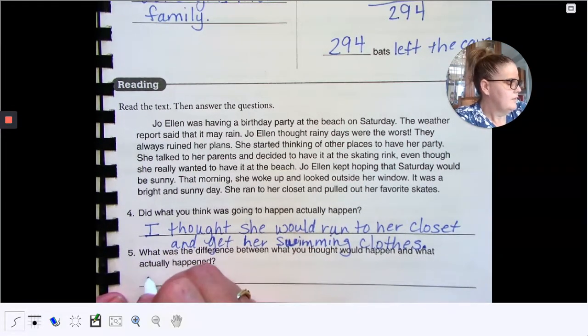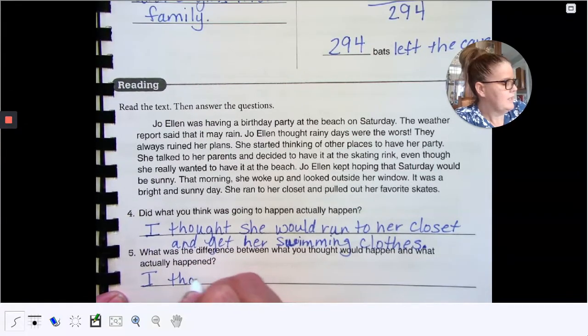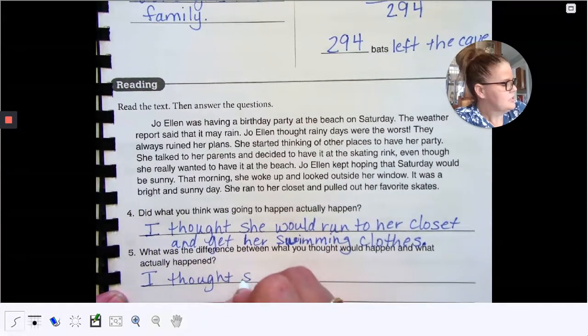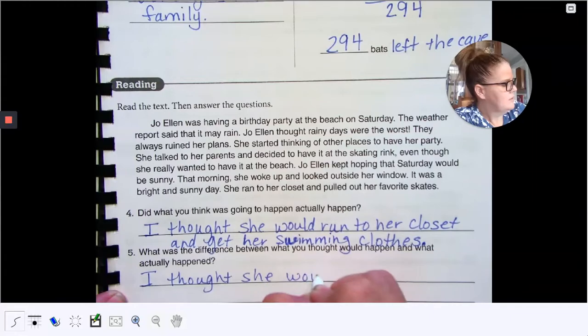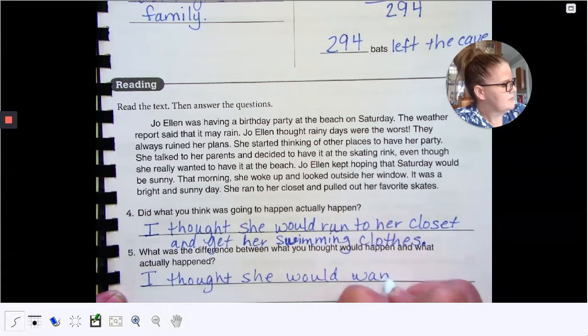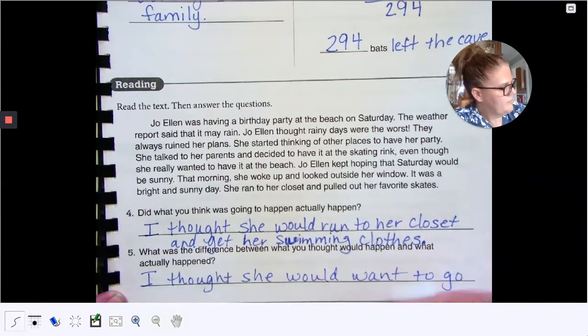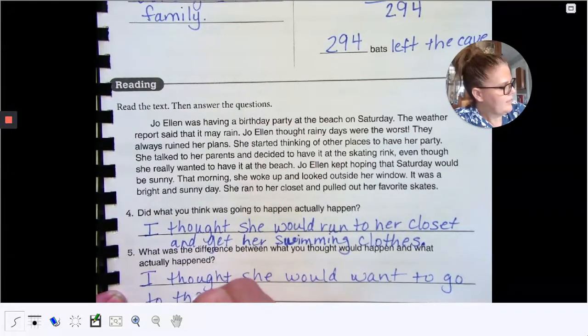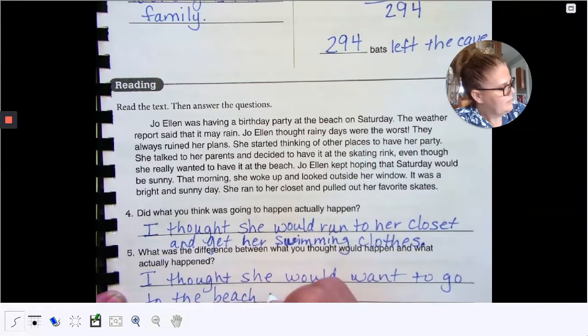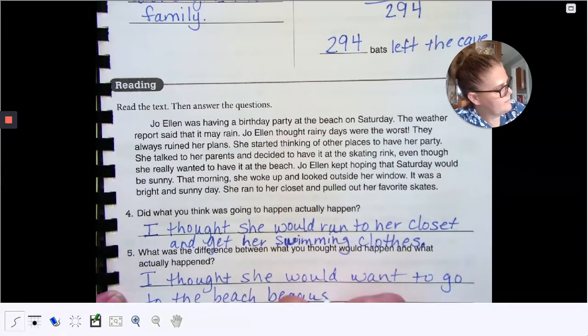So I thought she would want to go to the beach because it was nice.